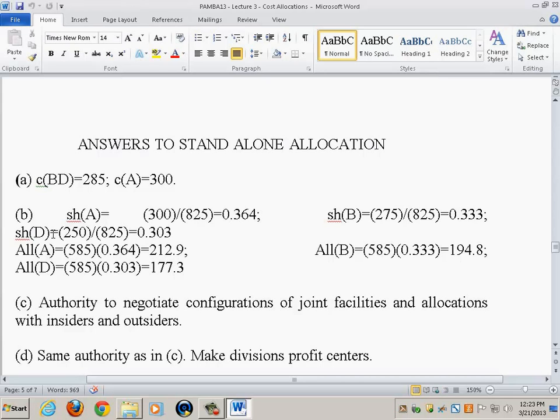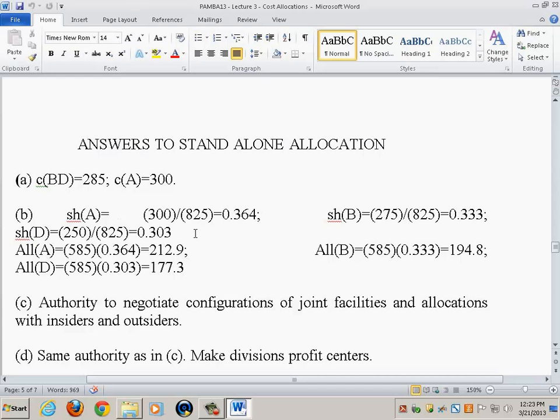Well, they say, okay, why don't we allocate using shares of allocation? Share A, share B, and share D are the allocation shares used to allocate. Let's do it on the basis of how much cost reduction each has when they go it alone, compared to the total cost of going it alone.